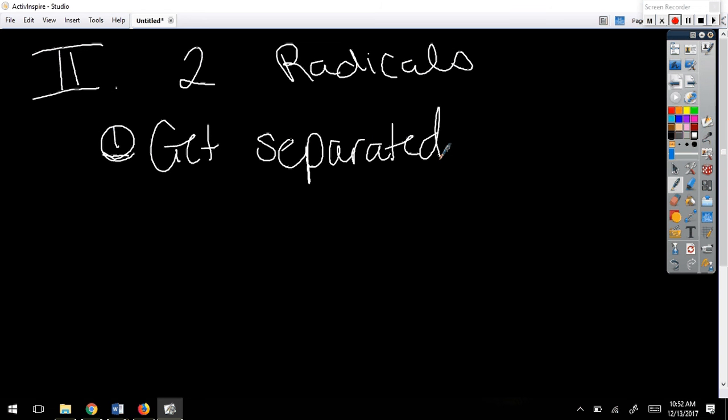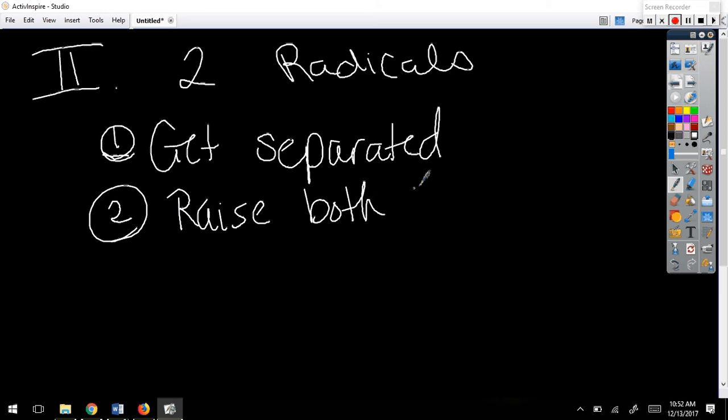It's opposite b plus or minus the square root of b squared minus 4ac, and then everything's over 2a. All right, so we've got to get the two radicals separated, and then we're going to raise both sides to whatever we need to get rid of the radicals.